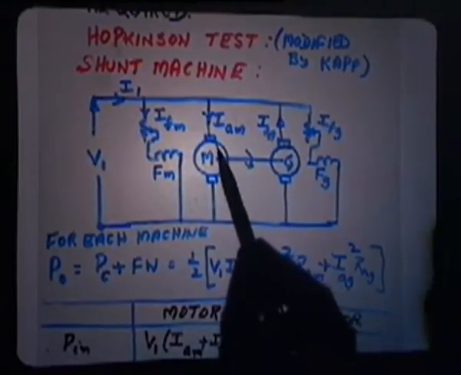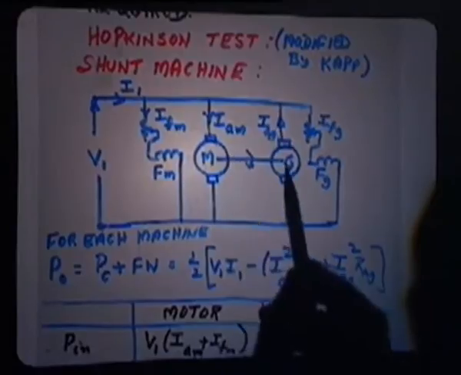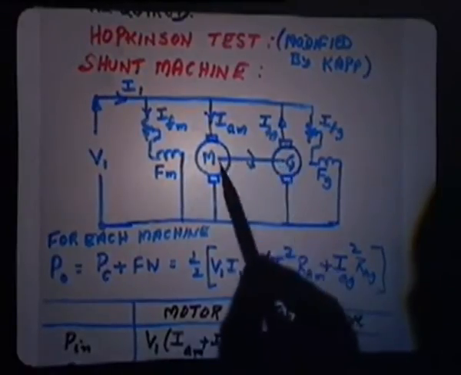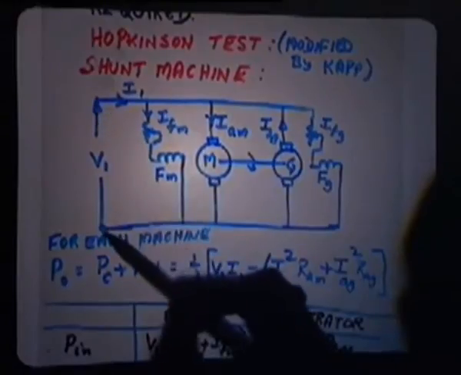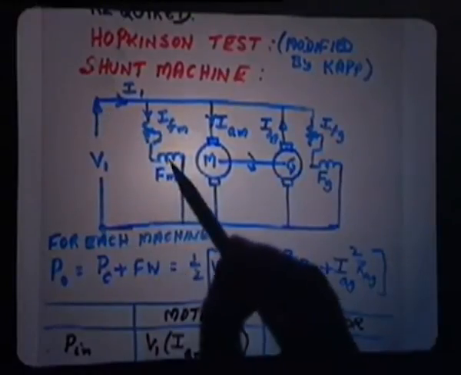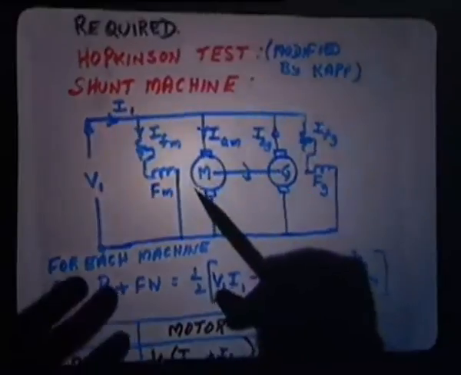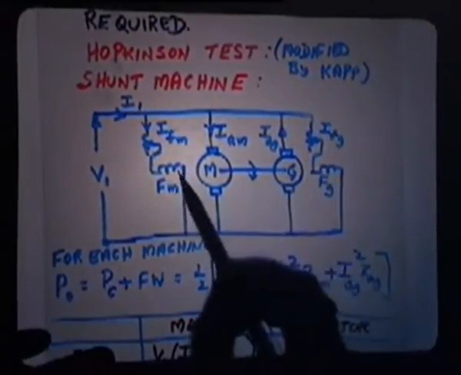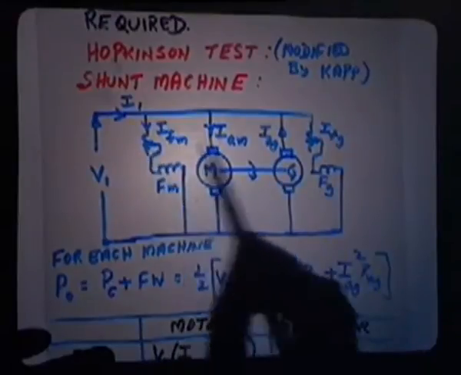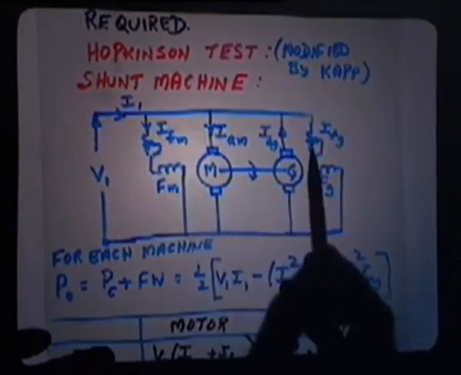That means what you do is you take a motor and couple it to an identical generator. Then you connect it to a supply with the field windings, both of the motor and the generator. These are the field of the generator, and the field currents are controllable through these external regulators.